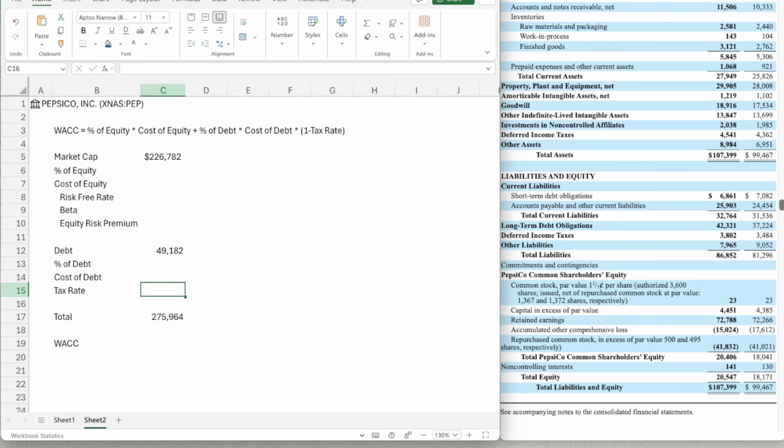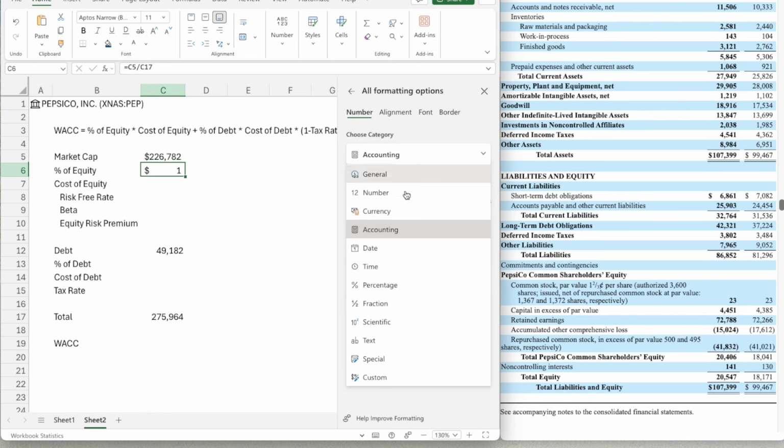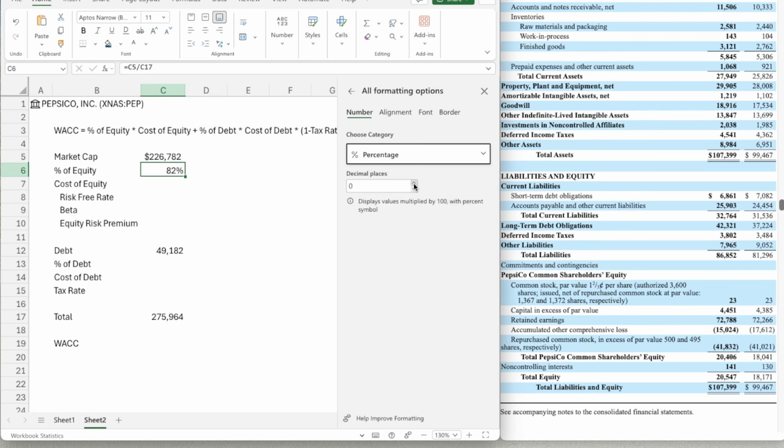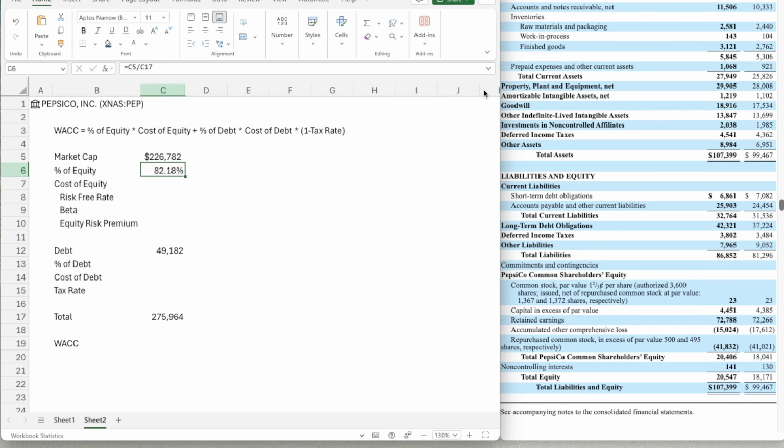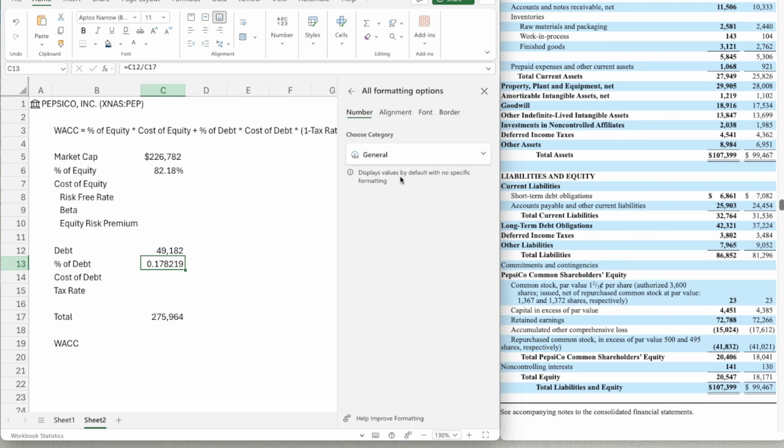So the total is 275,964. The percentage of equity then is your market cap divided by your total. Turn this into percentage. Same with the debt.